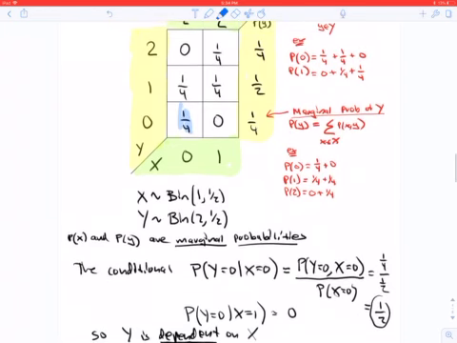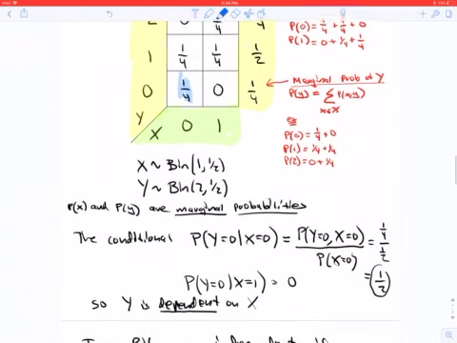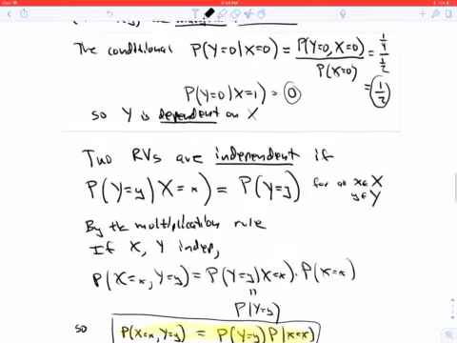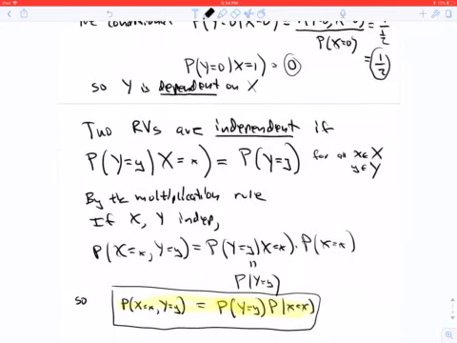Similarly, you can find the probability that y is 0 given x is 1, so that turns out to be 0. Now, the fact that these aren't the same value tells you that the probability of y depends on x, and hence y must be dependent on x, which makes sense here, right? So we say that two random variables are independent if the conditional probability is actually an unconditional probability.